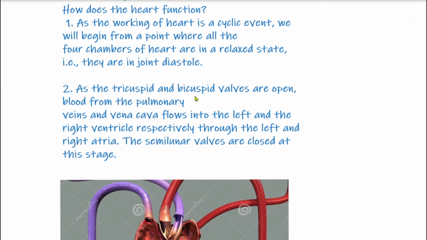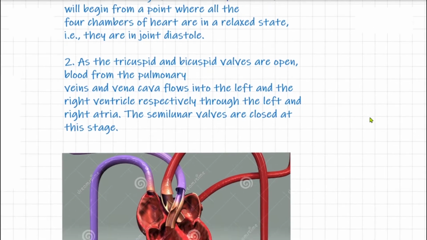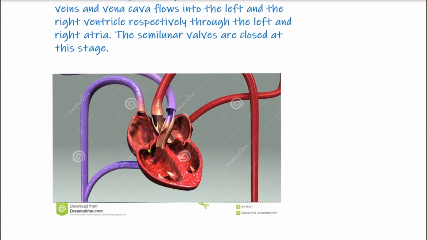As the tricuspid and bicuspid valves are open, blood from the pulmonary veins and vena cava flows into the left and the right ventricle respectively through the left and right atria. And students, during this joint diastole, both these AV valves, the atrioventricular valves which separate the atria from the ventricles, are open.